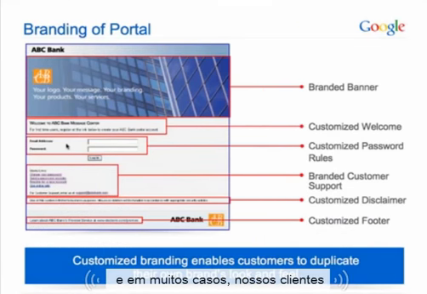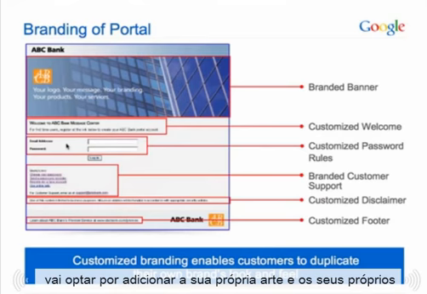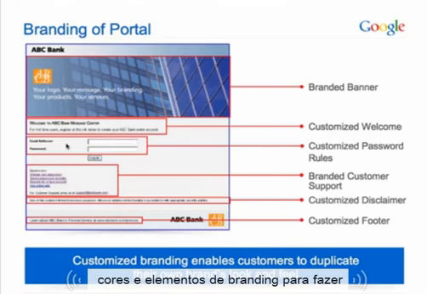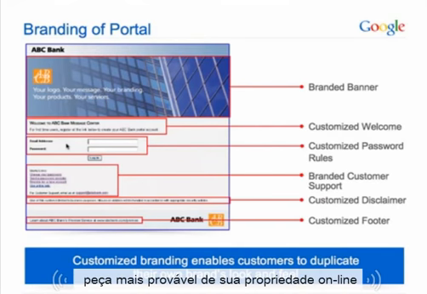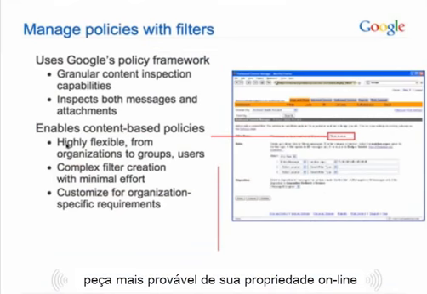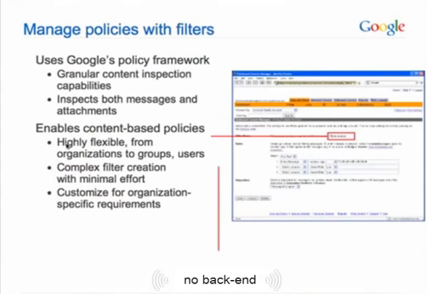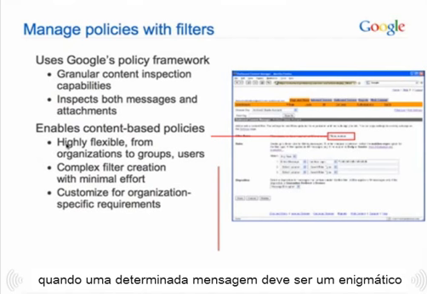And in many cases, our customers will choose to add their own artwork and their own colors and branding elements to make the portal appear more like part of their online property. On the back end, administrators can enable a wide range of filters and policies to determine when a particular message should be encrypted.